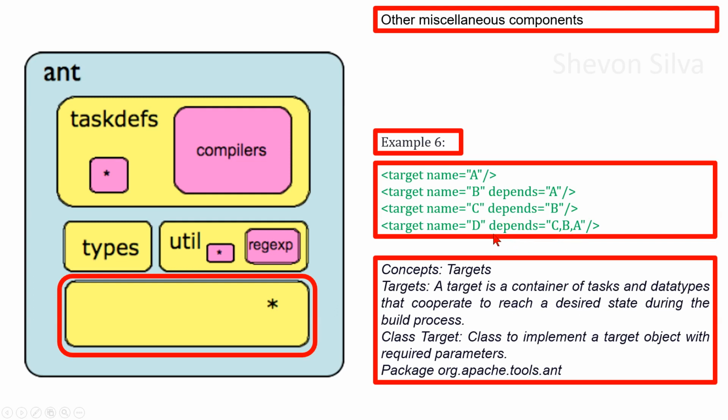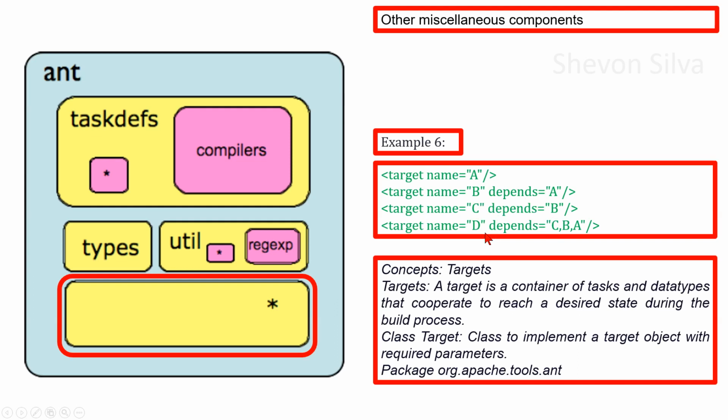Wrong. C depends on B, and B depends on A. So first A is executed, then B, then C, then D.